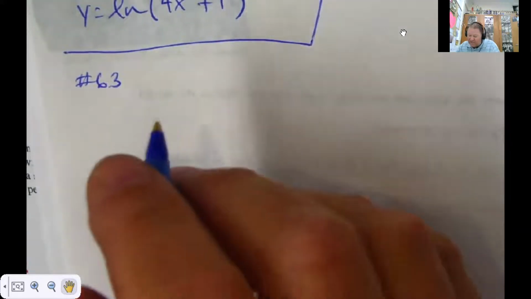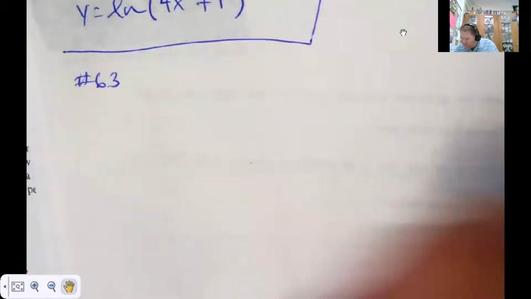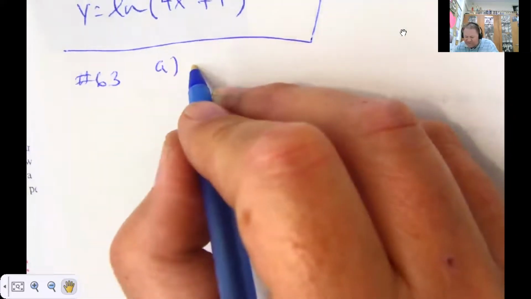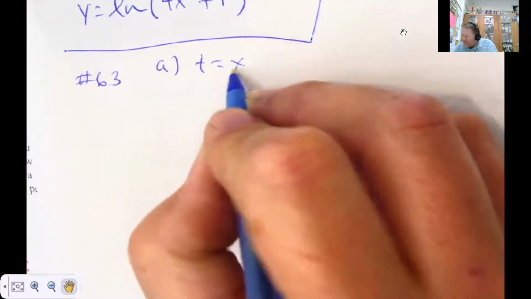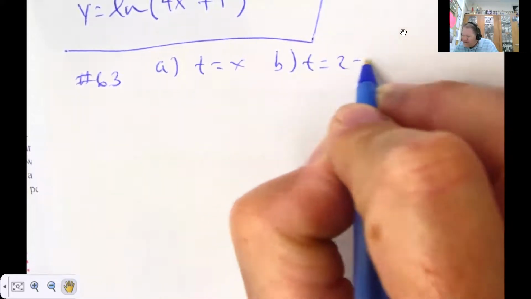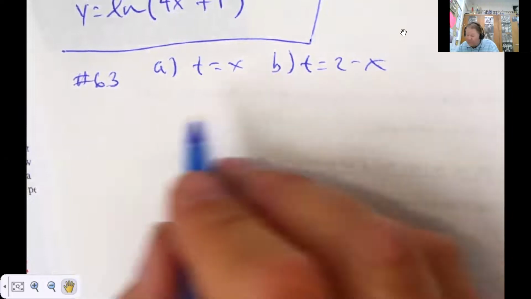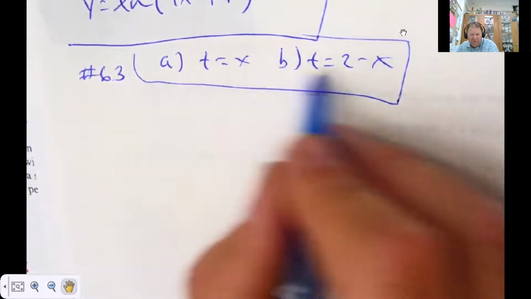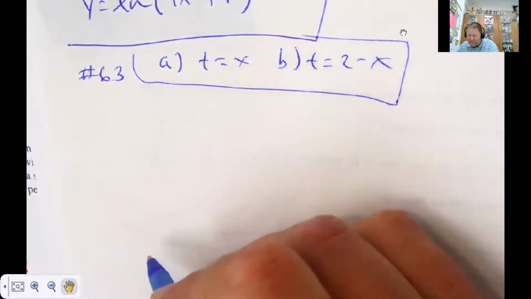There is a part A and B, but they go so fast that it shouldn't take too terribly long. For part A, let t equal x, and for part B, let t equal 2 minus x, for all of the problems in this group.